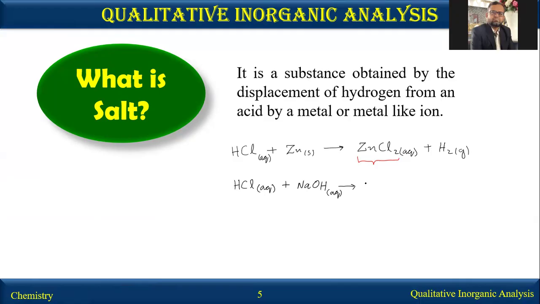So this is the acid-base reaction. And what happens? Again, the same thing. This metal displaces hydrogen and it forms sodium chloride. Sodium chloride is also soluble, and so it is in aqueous state, and hydrogen combines with OH to form water.